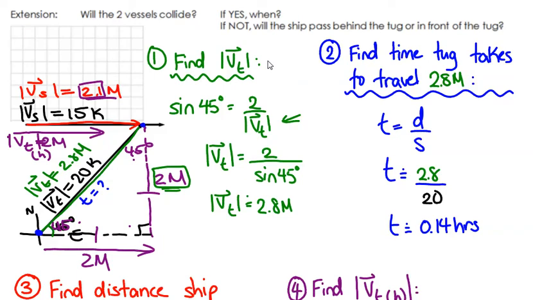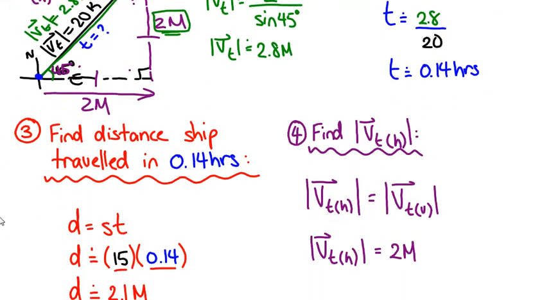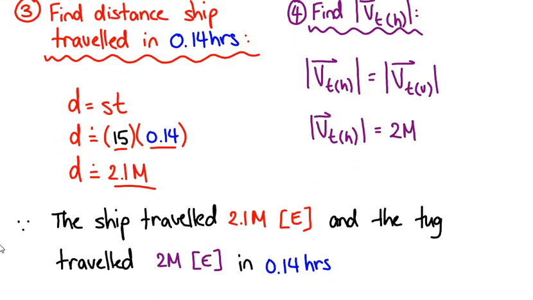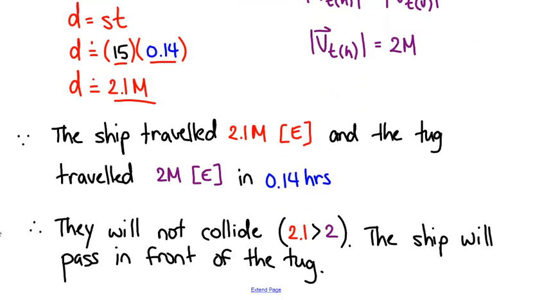You kind of get it, I hope. So there we go. The ship traveled 2.1 nautical miles east, so horizontally. The tug traveled 2 nautical miles east in the same amount of time. Therefore, they're not going to collide because one obviously traveled further than the other.